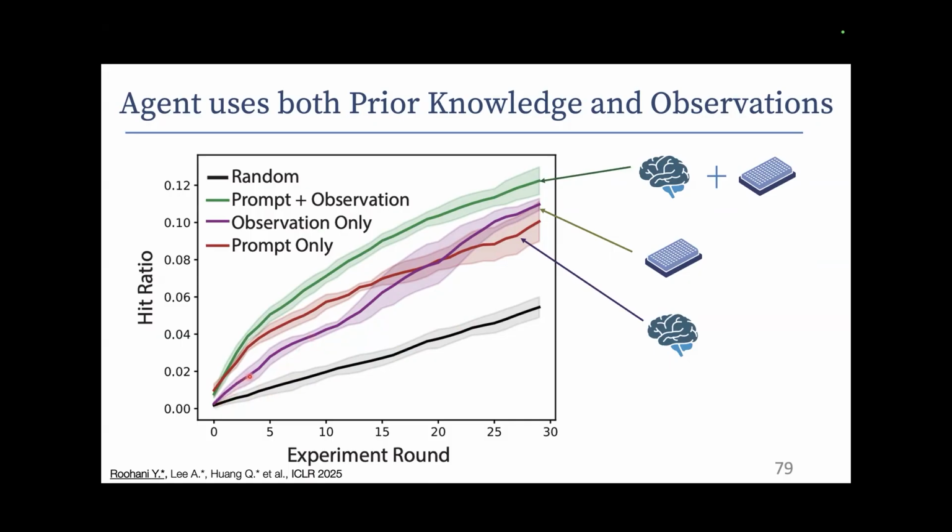Initially, it would start off pretty weak, but then later it would start to figure it out. But if you told the agent, here's the biology I'm studying, this is exactly what I want to do, it starts off pretty strong, and then it keeps it up. So this idea of giving the model both the background information on what you're doing as well as the experimental data results in the strongest results that we've seen, which is very encouraging. And it shows that the model has the ability to reason over different pieces of information.